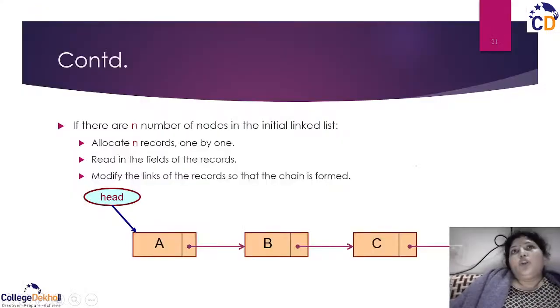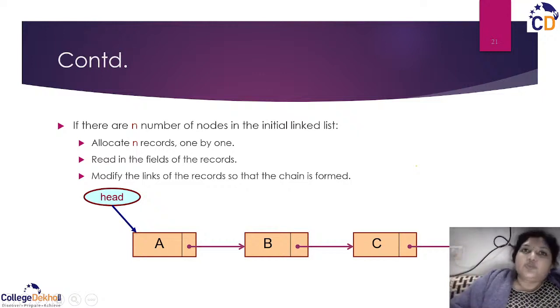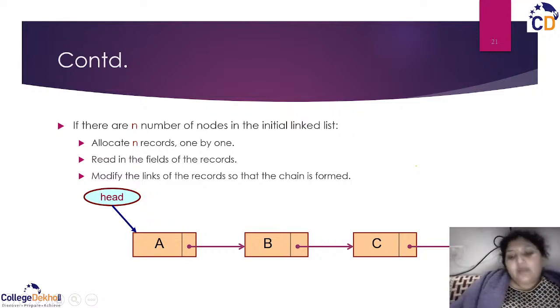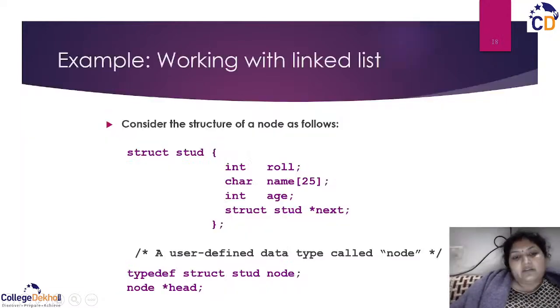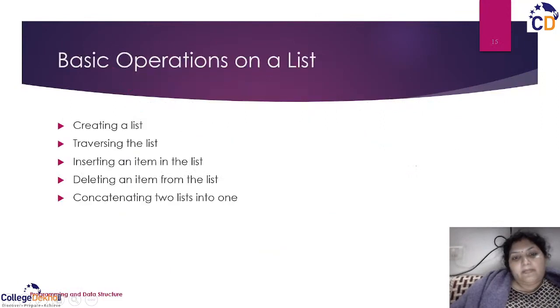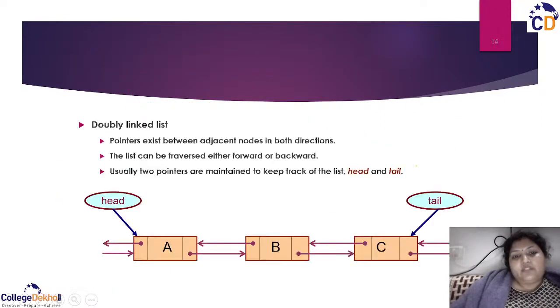So I hope all of you have understood the differences between the linked list and arrays, and the basic operations that we can perform on a linked list, right? Now the only thing you have to remember is this architecture for the doubly linked list.